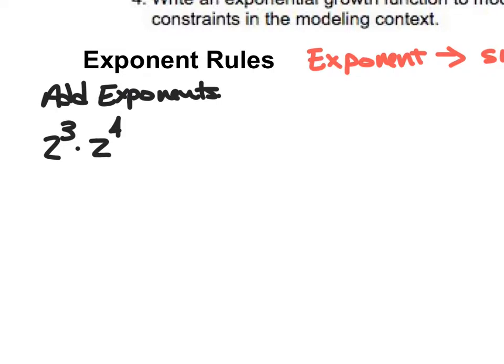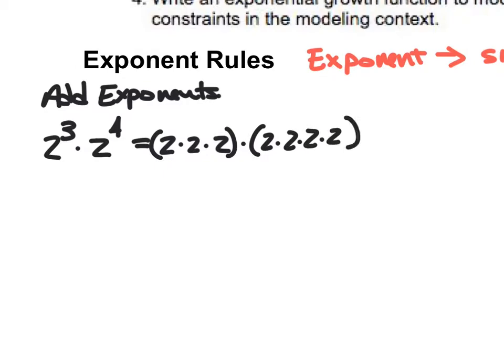If I were to write this out, 2 to the third means I'm taking 2 times 2 times 2. Here's your exponent, here's your base. So the 3 tells you how many times you're going to multiply 2 by itself: 1, 2, 3. And then multiply that by 2 to the fourth, so 2 times 2 times 2 times 2.